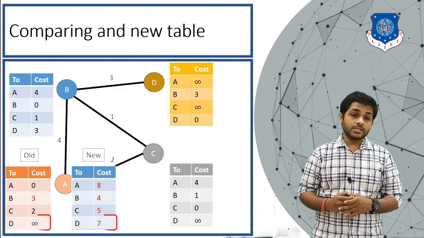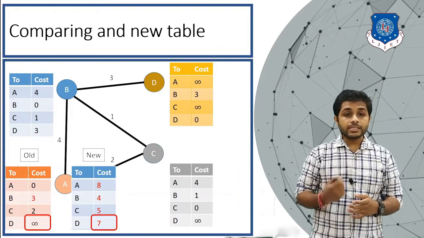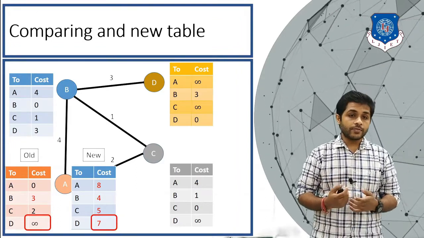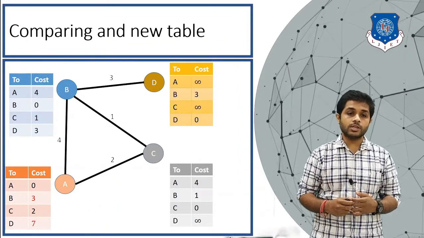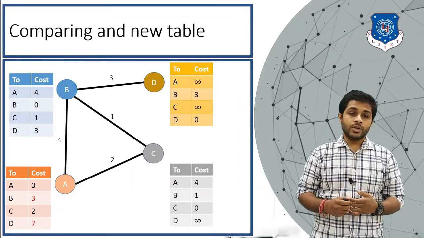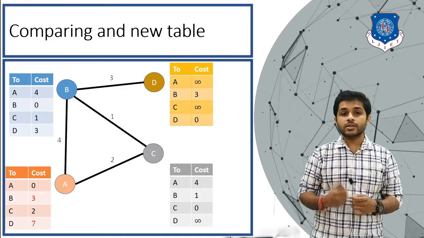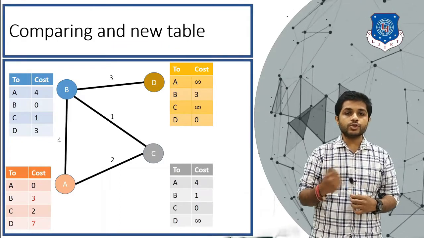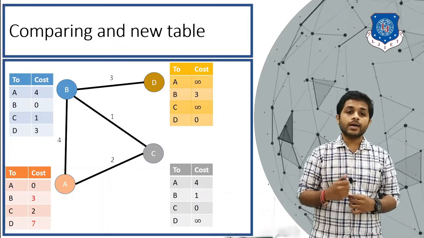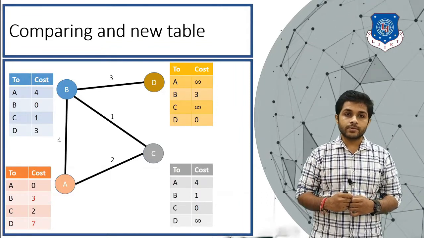But in the last entry, A's table has an infinite value, but the new table has the value 7, so A will change it to 7. So A has found a new way to reach D, which is via B. So if A wants to reach D, it can reach it via B, and the cost to reach D is 7.